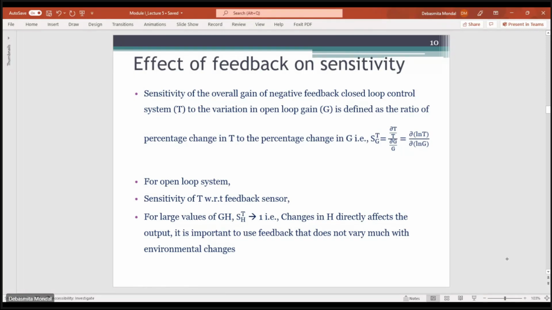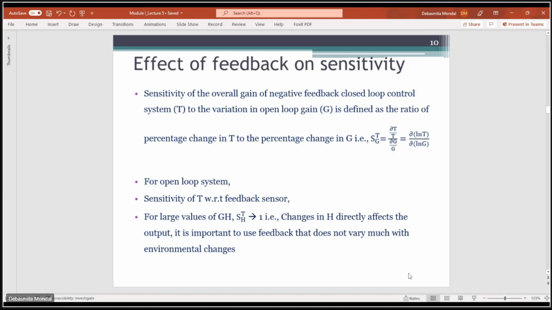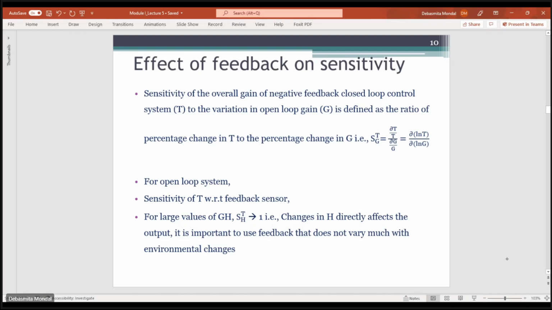That is, the open loop gain is given by G and the closed loop gain is given by T. The variation of the closed loop gain due to the variation in G is known as the sensitivity. So for very small incremental changes in G, you can write the sensitivity S of T, where T comes as the superscript, and G, due to whose variation T changes, comes as the subscript.